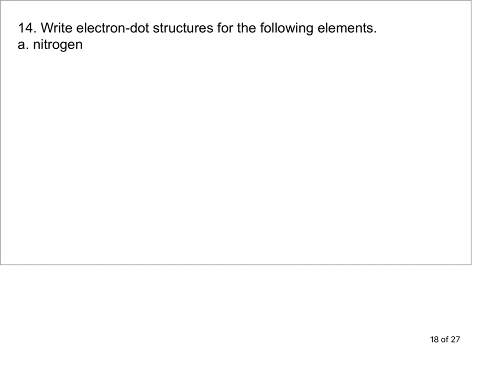And write electron dot structures for the following elements. So nitrogen, we got an N. N is in group 15 or 5A, meaning it has 5 valence electrons. So we put 5 dots around it. I always put the first 2 together and then single, single, single.